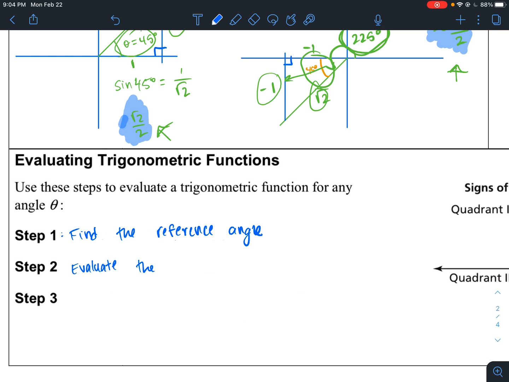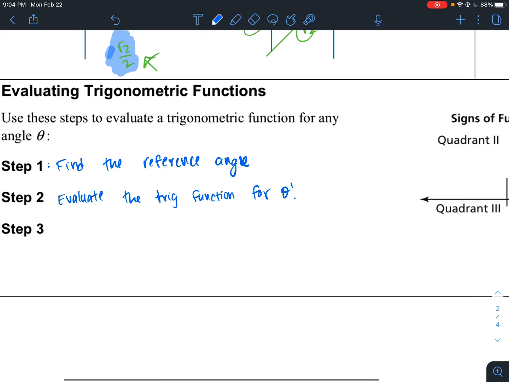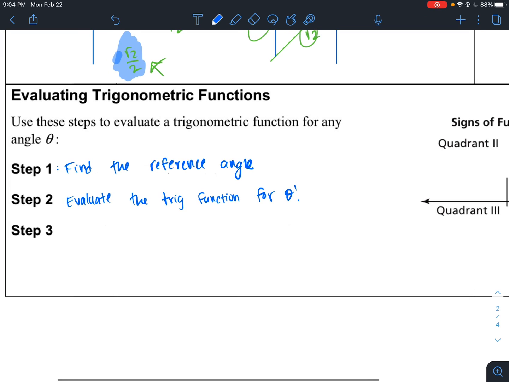Evaluate the trig function for the reference angle. Up here, I evaluated it for theta, not for the reference angle, because I wanted to show you that they were just the same. But in general, just evaluate the trig function for the reference angle.